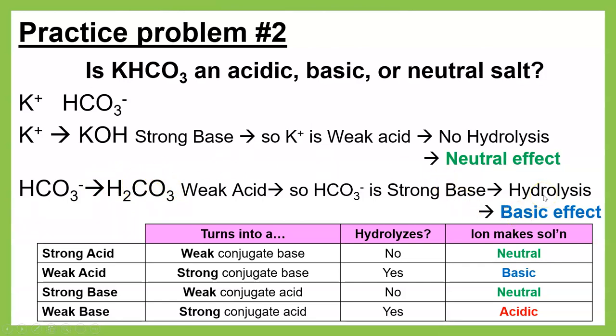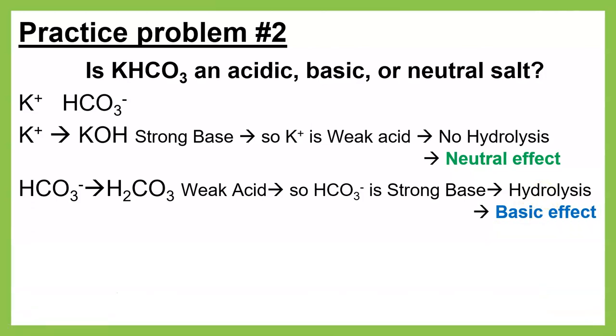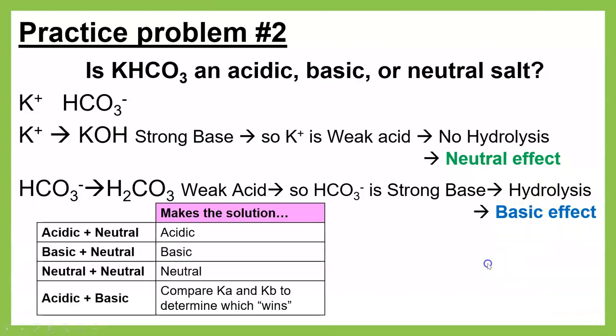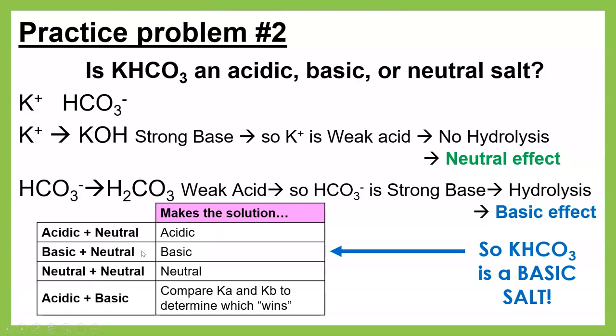It's going to hydrolyze and have a basic effect. So, if we have something basic and neutral combined together, the overall effect is going to be what? It's going to be a basic salt. I dump that in water, it'll turn basic.